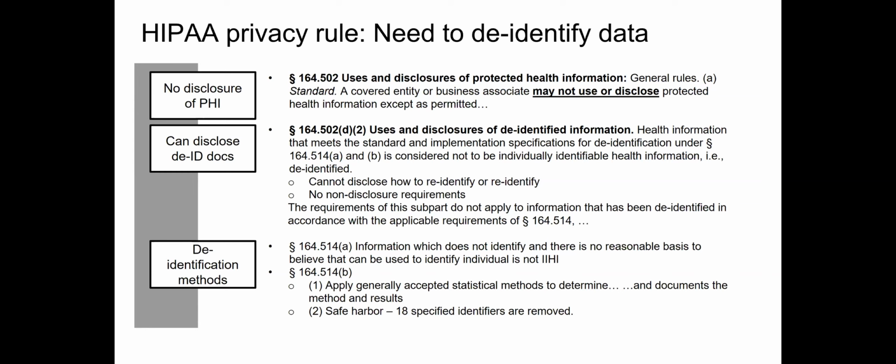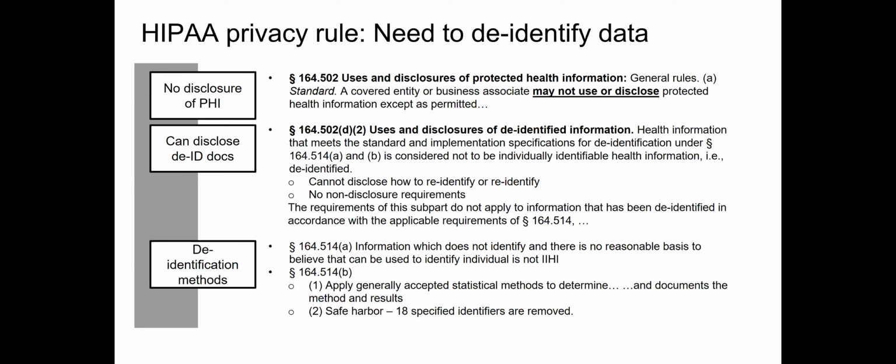So there are two ways. One is called expert determination. Expert determination uses generally accepted statistical methods, and you also need to document how you remove the protected health information. So this is one way. And the second way is called safe harbor.